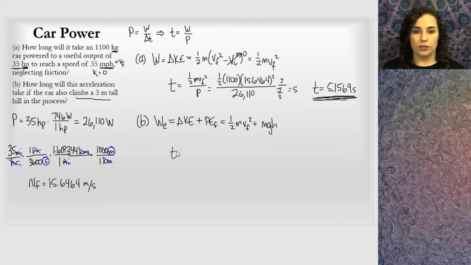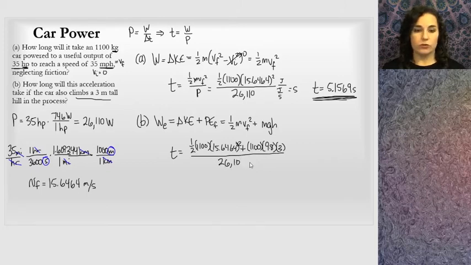So when I plug this all into the calculator, 1/2 times 1100 times 15.6464 squared, quantity squared, plus 1100 times 9.8 times this 3 meters I went up on the hill. Divide that by the power output of the car.